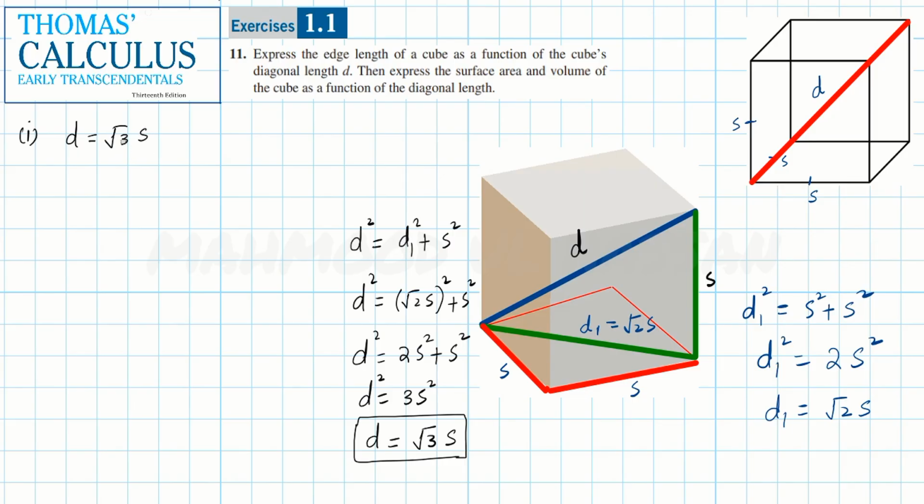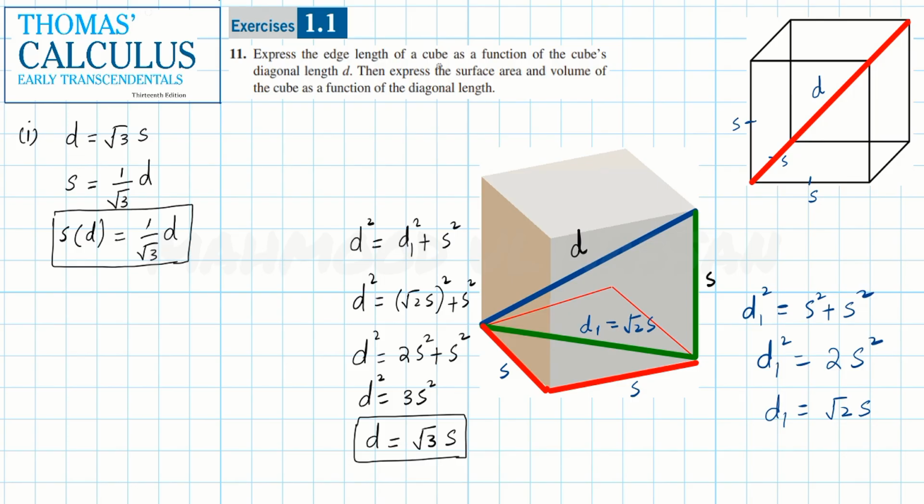So we solve this equation for s, and you will get 1 divided by square root of 3 times d. In function notation, s of d is equal to 1 divided by square root of 3 times d. Got it? So this is a function of d.